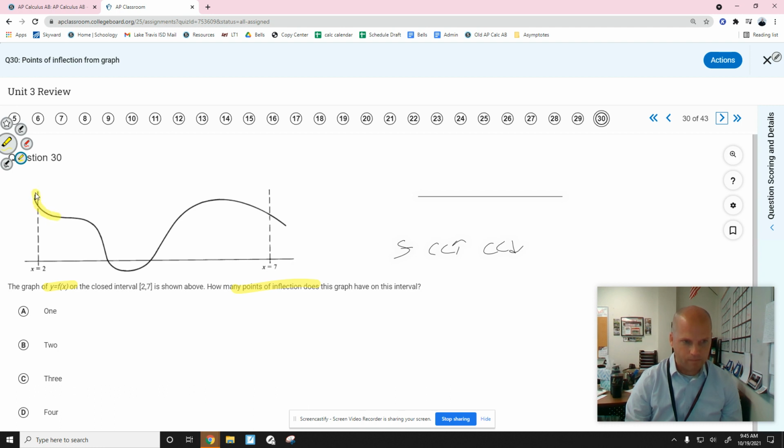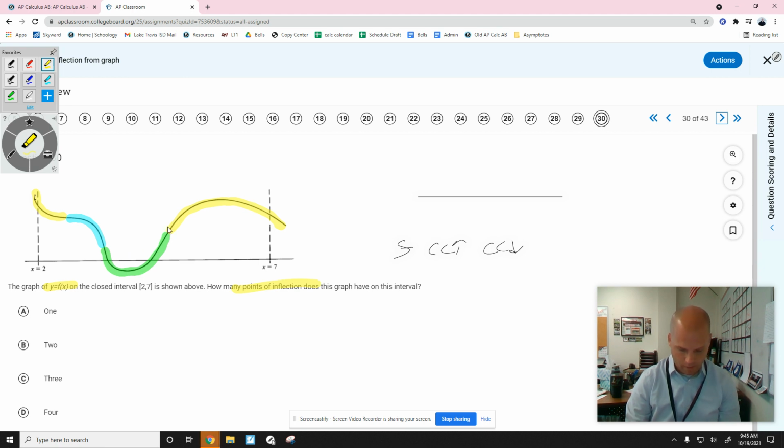We're concave up. Let's go blue. Concave down. Concave up. Concave down. Oops, had that blue. Wait, no, I'm all messed up. Concave up.